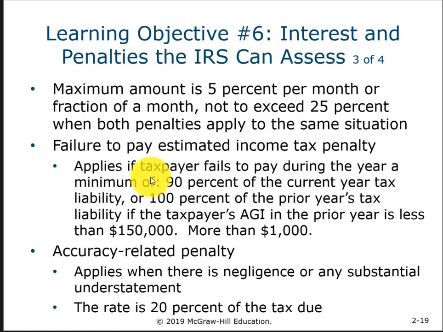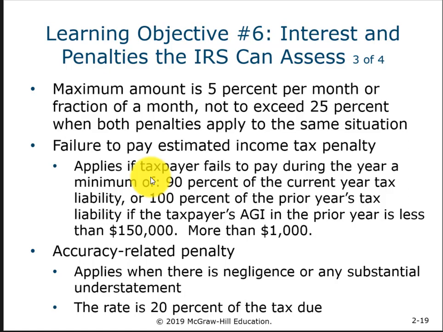So this is if you didn't have enough withholding tax, even if you pay it on April 15th. So for instance, let's say that your tax liability is $5,000. During the year, your employer withholds $3,000. When you file your tax return on time and pay the other $2,000, you're still going to be assessed this failure to pay estimated income tax penalty because you did not have enough withheld.